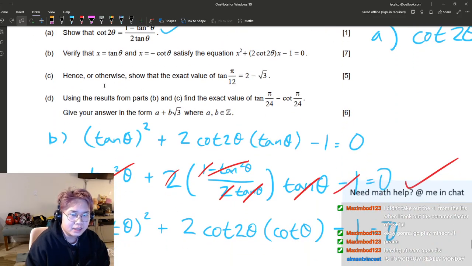Okay, and hence or otherwise show that the exact value of tan is going to be this.